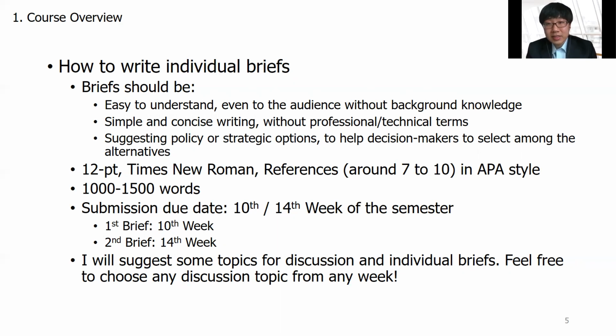And the references should be in APA style. I ask you to have as many references as possible, around 7 to 10. If you have more references, that's always welcome. If you have fewer than that, try to find some, because I think finding references is a very good exercise for you to get exposed to the professional knowledge in this field.